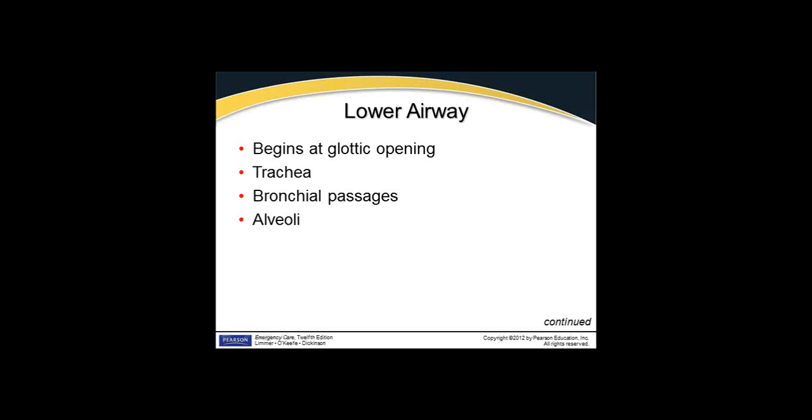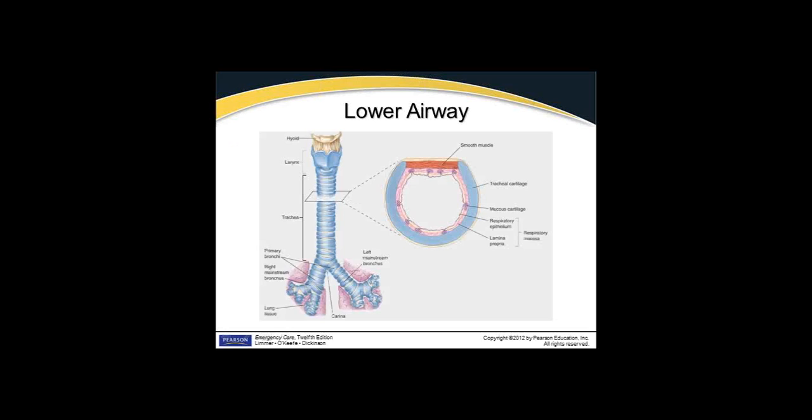If we want to look at the lower airway a little bit more, we can look at this picture, and you can also look in your textbook on 176, there's a picture of the bronchial tree as well. But we have the larynx, which is the structure that encases the glottic opening, the vocal cords.